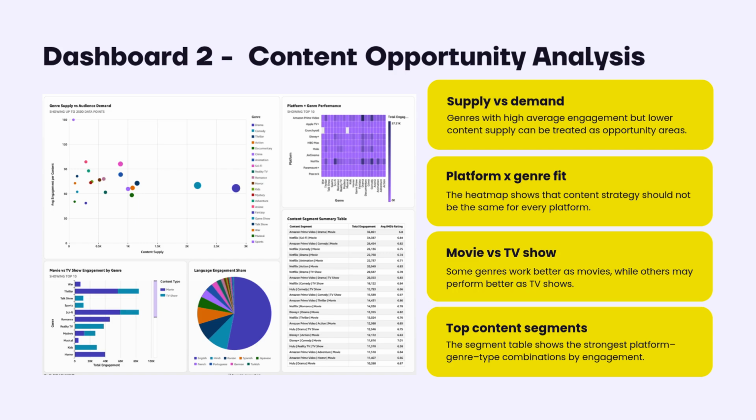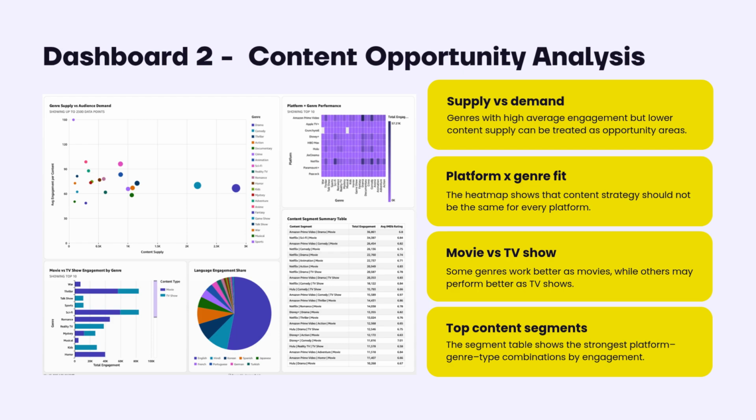Next is the second dashboard, which is content opportunity analysis. This dashboard focuses on what the business should focus on next. The first chart, the supply versus demand chart, compares the content supply with average engagement. If a genre has high engagement but limited supply, it can be treated as an opportunity area.